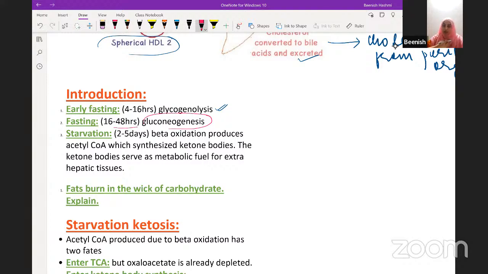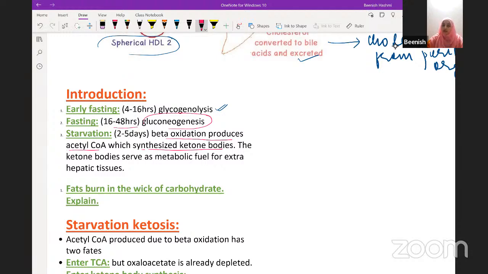Now after the availability of gluconeogenic substrate is restricted and the oxaloacetate availability is restricted, what happens? You enter the starvation state or the prolonged fasting, where beta oxidation produces acetyl-CoA, but the acetyl-CoA cannot enter the TCA cycle because of the unavailability of oxaloacetate.